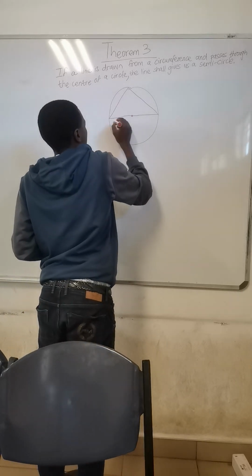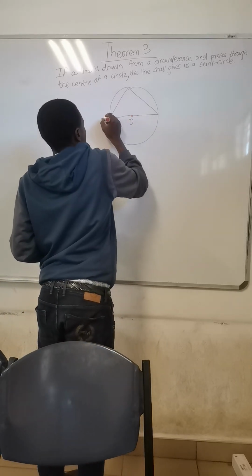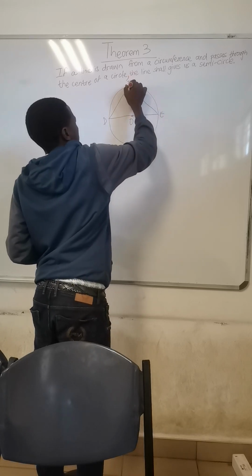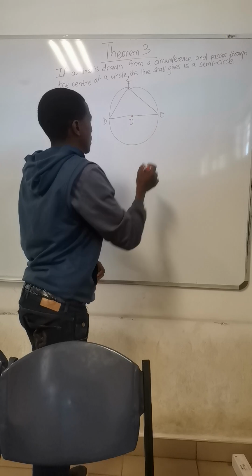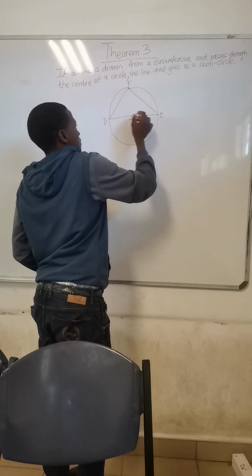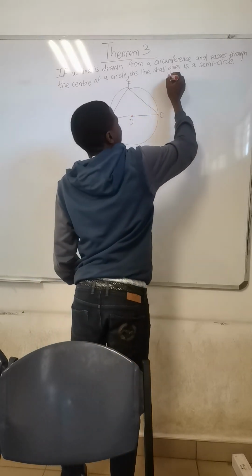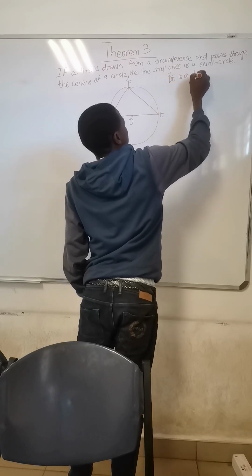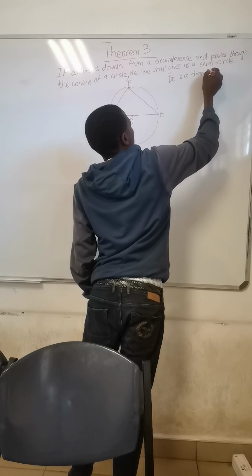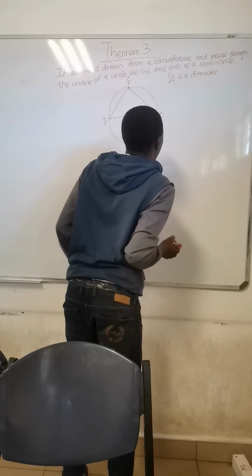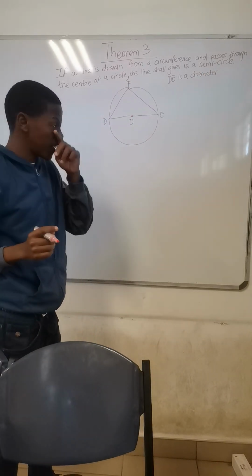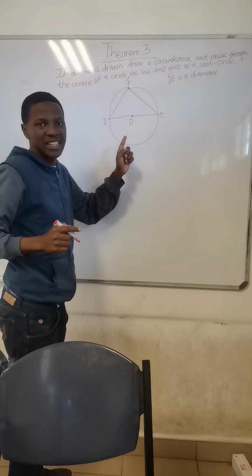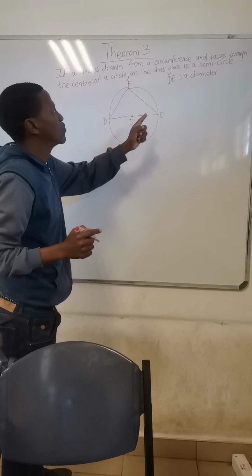We have O, we have D, we have E, we have F. Isn't it? These are the 3 points. Remember that DE is a diameter. Do you get it? And again, remember theorem 3 is similar to theorem 2.